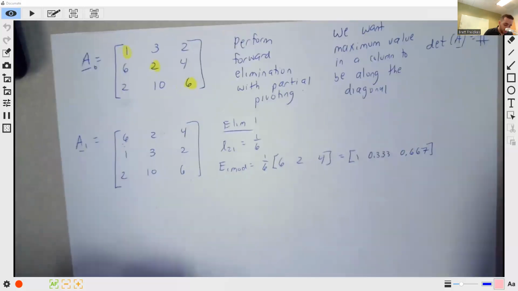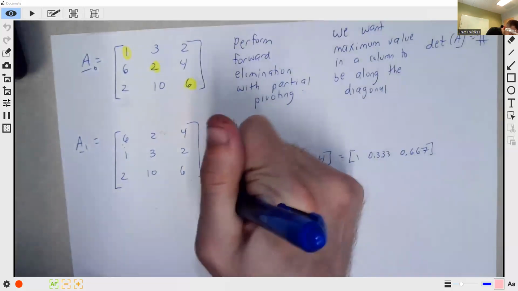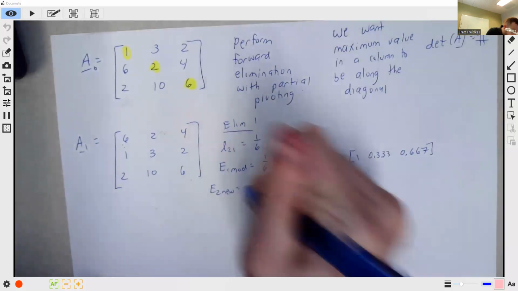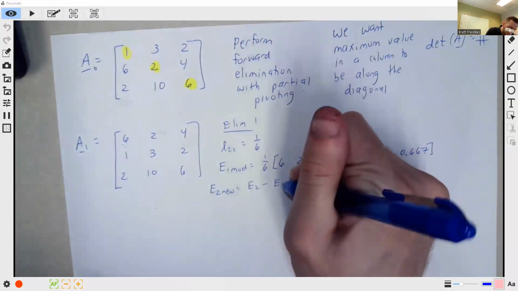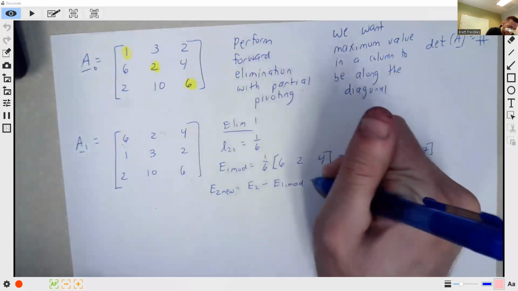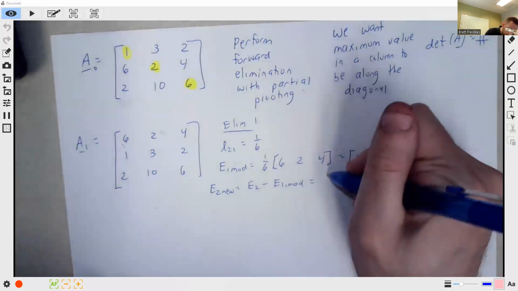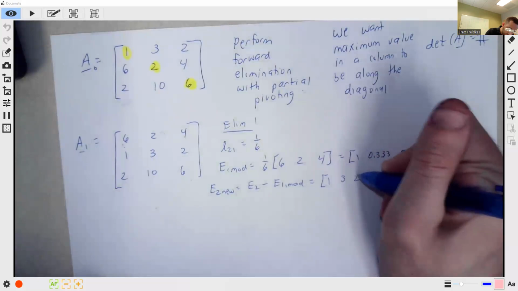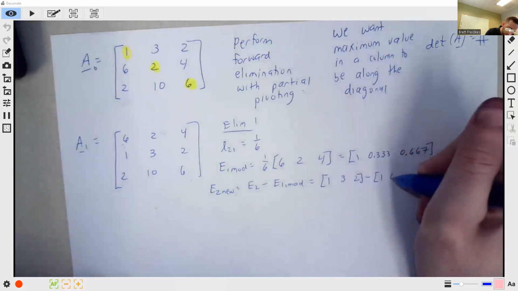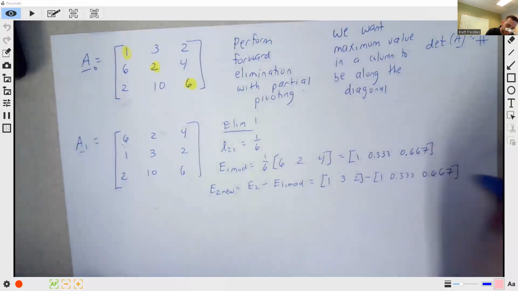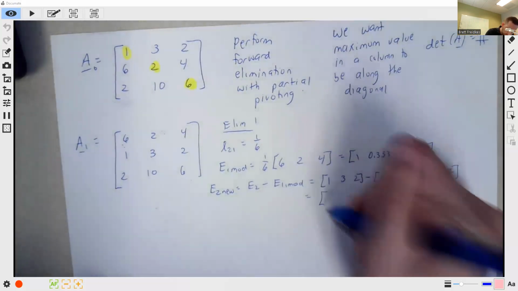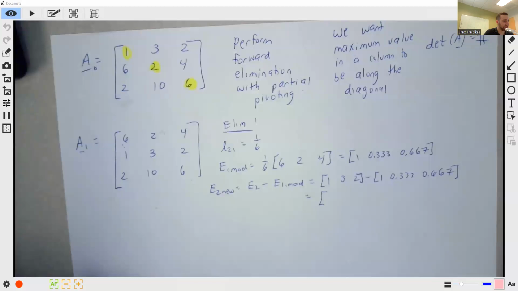So our new row 2 will be our original row 2 minus our first equation that's been modified. This would be 1, 3, 2 minus 1, 0.333 and 0.667. And if we do that, we subtract corresponding elements.